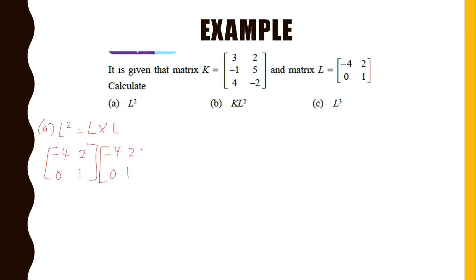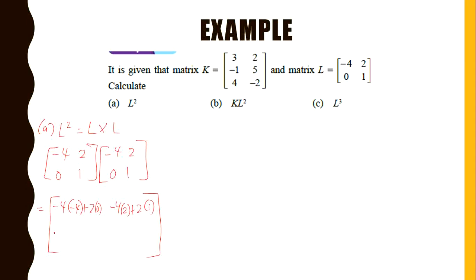for this one, a 2 by 2 matrix as well. Okay, let's see. First, negative 4 times negative 4 plus 2 times 0. This one is negative 4 times 2 plus 2 times 1.